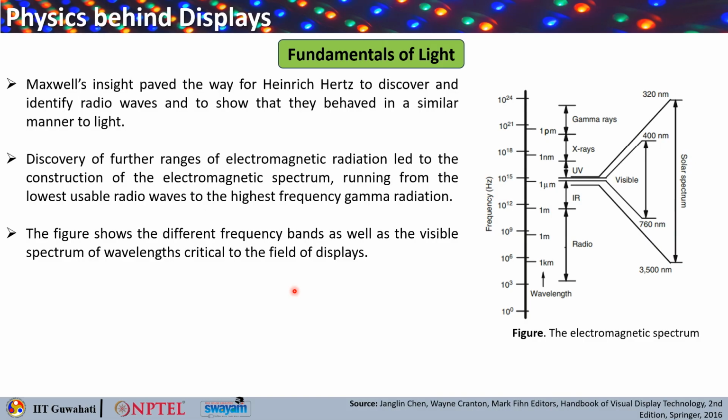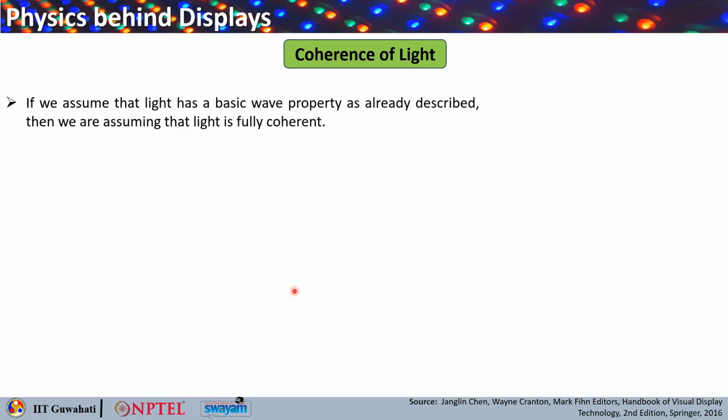Now, there are certain properties of light that also play an important role. One is coherence. If we assume that light has a basic wave property as we already described, then we are assuming that light is also fully coherent.